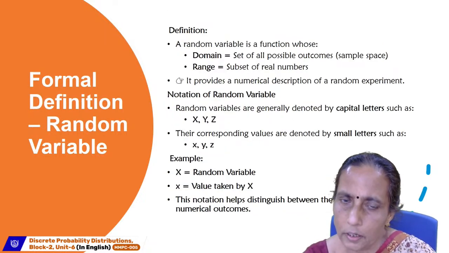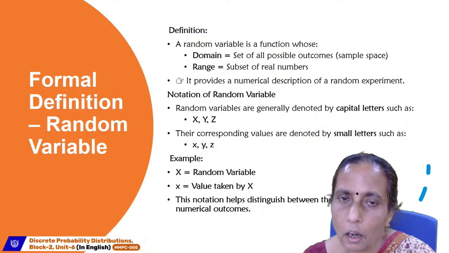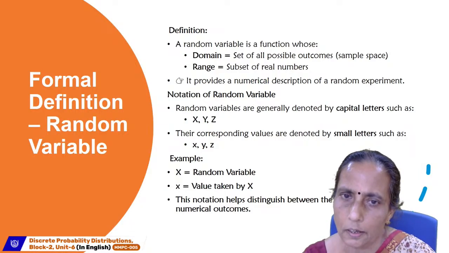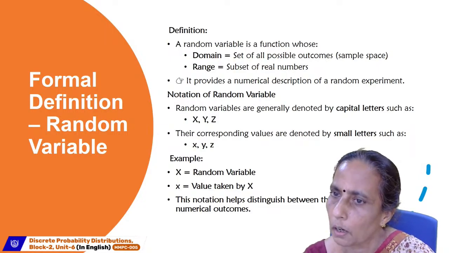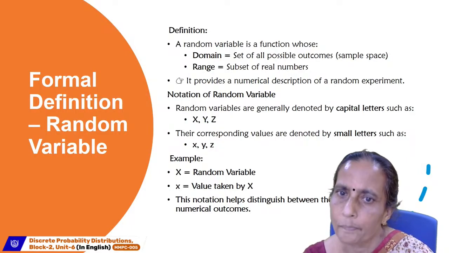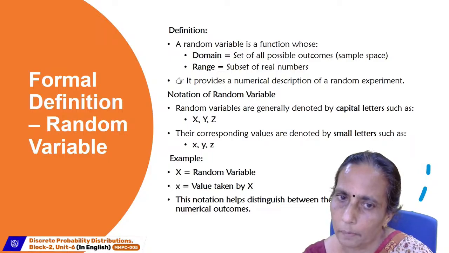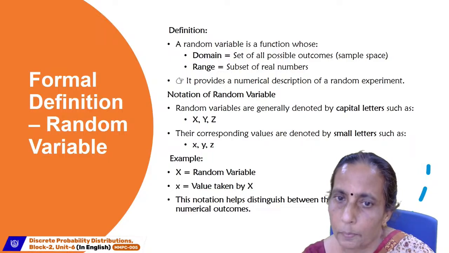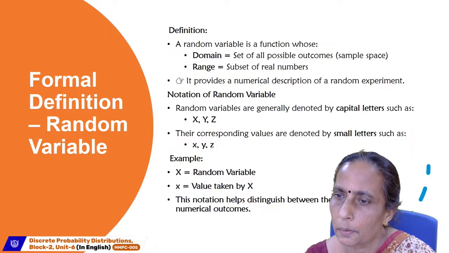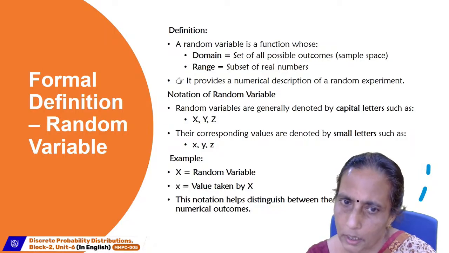So a formal definition of a random variable: it is a function whose domain is the set of all possible outcomes, which we define as the sample space, and whose range is a subset of all real numbers. It provides a numerical description of a random experiment.